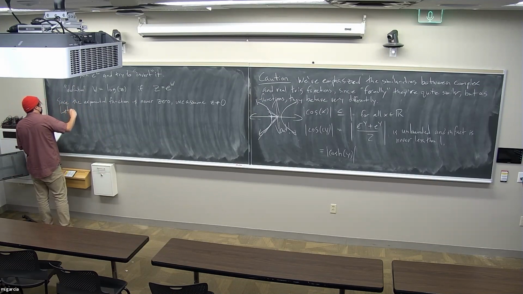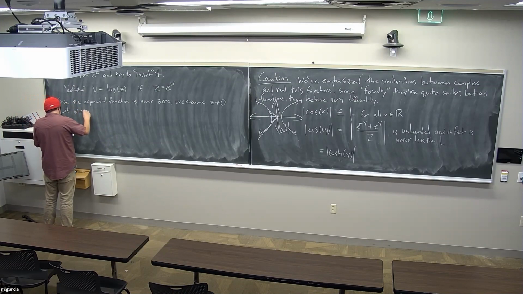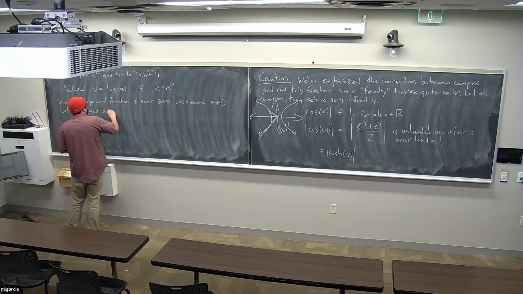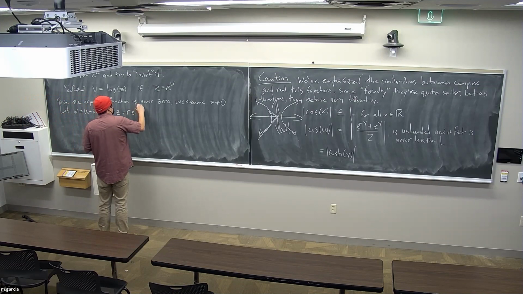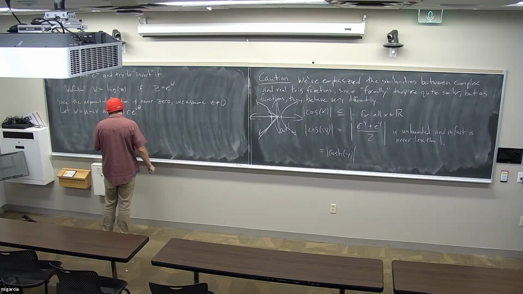Let's let w, as we somewhat commonly do, be equal to u plus i times v. And we'll choose to take the polar representation of z, which we'll take to be r times e to the i theta.